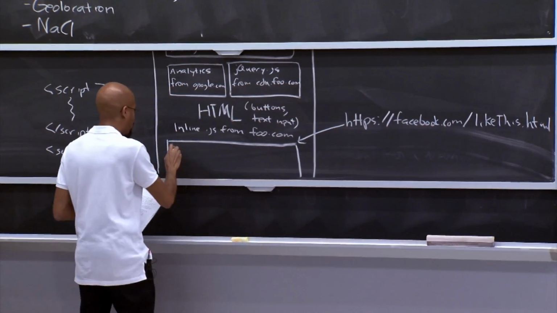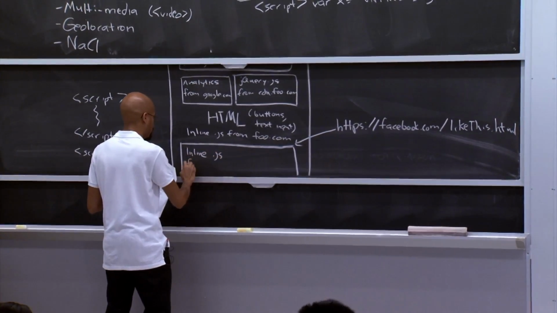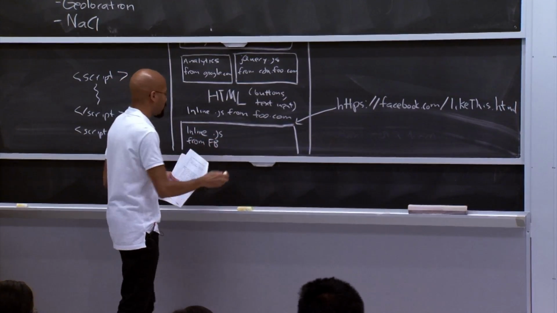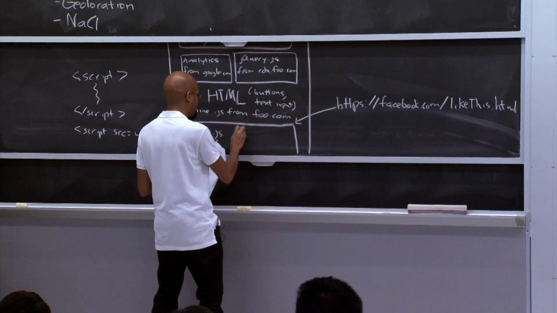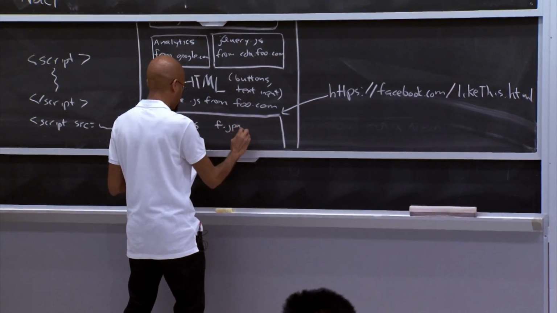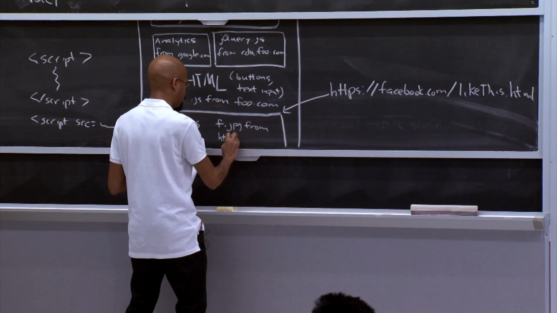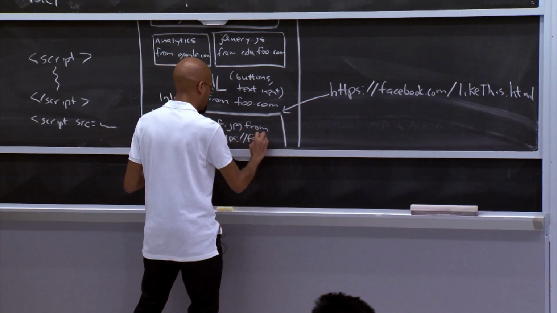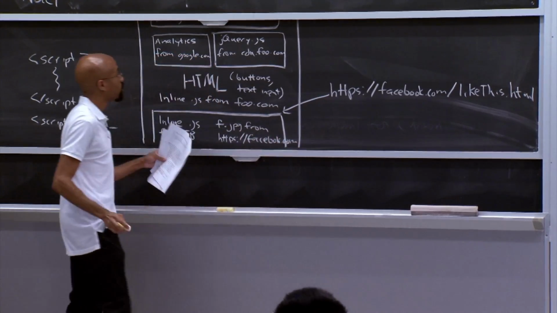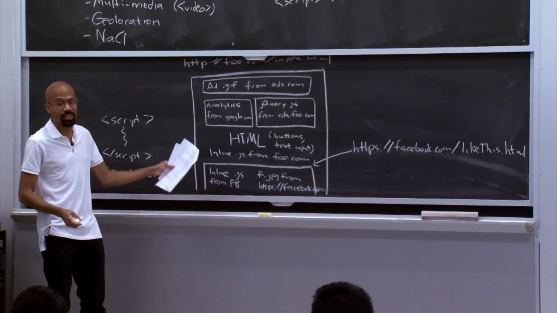And so maybe in here we have some inline JavaScript from Facebook. And then maybe we also have some image, so f.jpg that comes from HTTPS Facebook.com. Okay, so this is what a single tab might have in its contents.